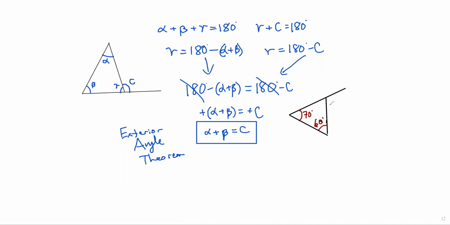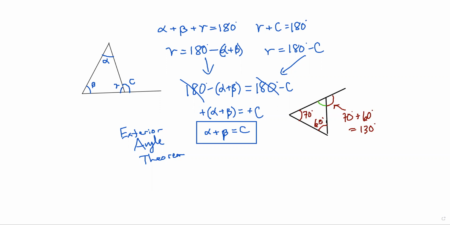Now you do some quick mental math, and of course you can verify this. But what we are claiming here is that this exterior angle must be equal to 70 plus 60, or 130 degrees. If you're not convinced, what would this have to be? Well, this would have to be 50 for sure, right?